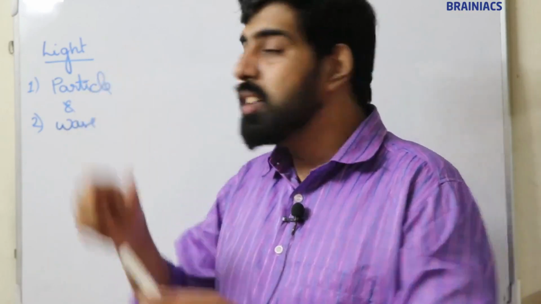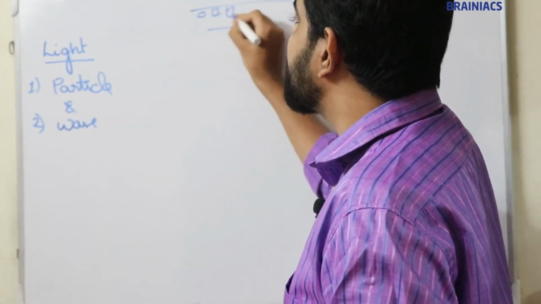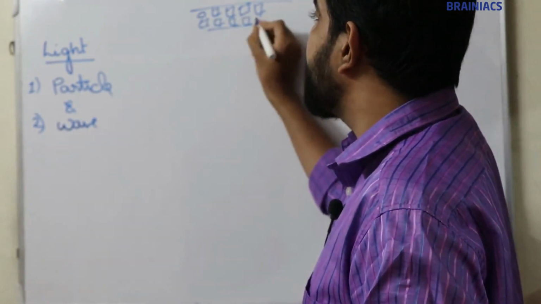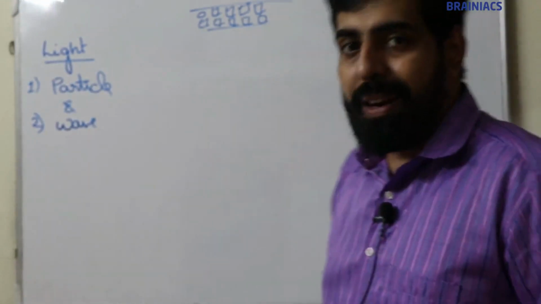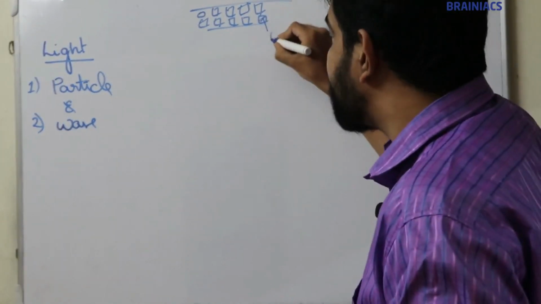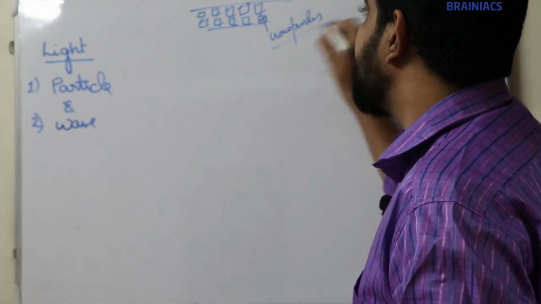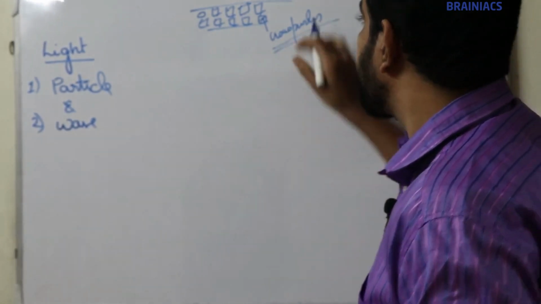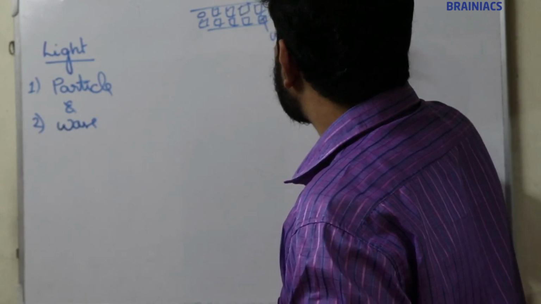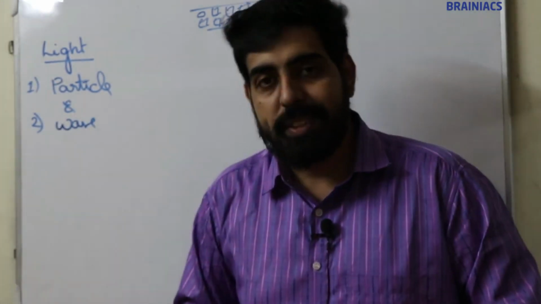Light consists of a stream of particles. This is what Newton proposed. He called these light particles corpuscles, spelled C-O-R-P-U-S-C-L-E-S.